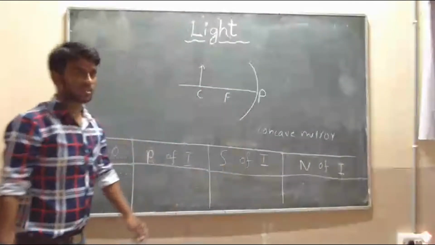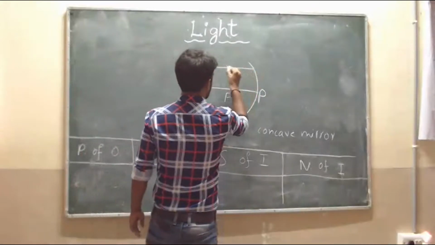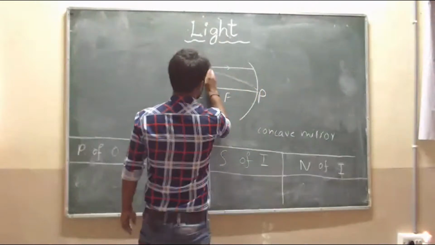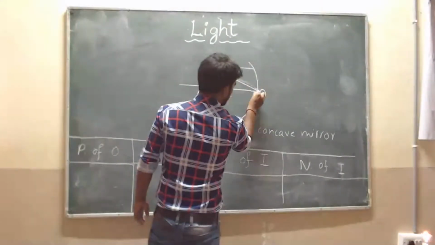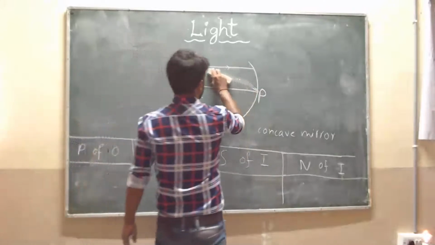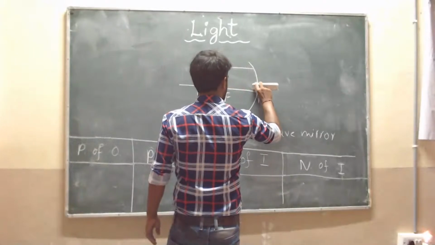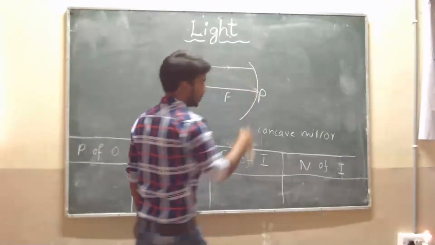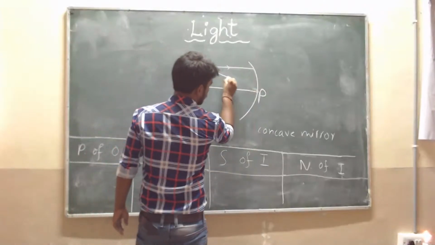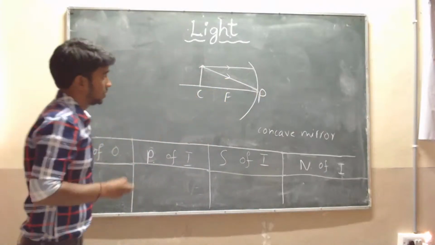Okay. So now here also consider two rays. One ray is parallel to the principal axis, and we consider one more ray, that is it passes to P. Okay.